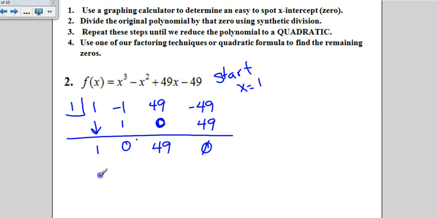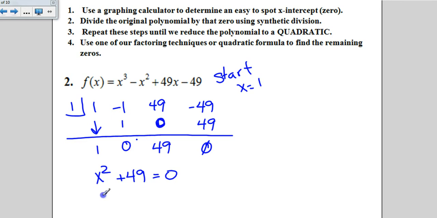So right away, I can write this as a quadratic with these coefficients. So we have x squared, there's no x to the first term, and then a plus 49. Well, remember, I'm supposed to use some sort of factoring technique or some sort of quadratic technique to find my two answers. If you think about x squared plus 49, you could technically factor it using the sum of squares pattern that we learned, or you could just solve this via a square root.